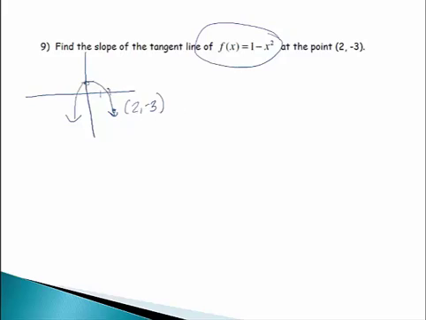What I'm saying is, okay, here's a tangent line going through the point 2, negative 3. Find the slope at that particular spot, not just any old spot. I don't care about this tangent line or this tangent line or this tangent line. At this particular spot, find the slope. So now when I find the derivative, using the only way I know so far, the definition of the derivative.